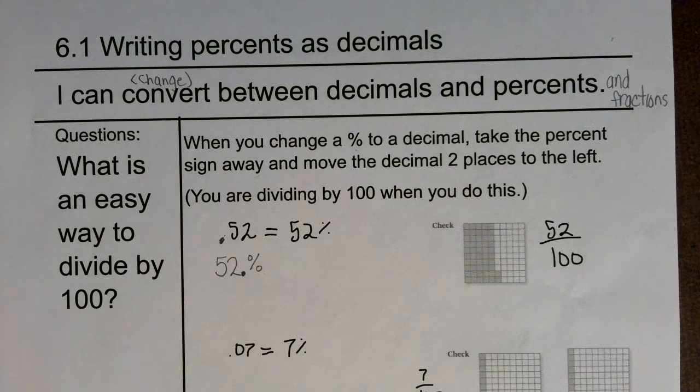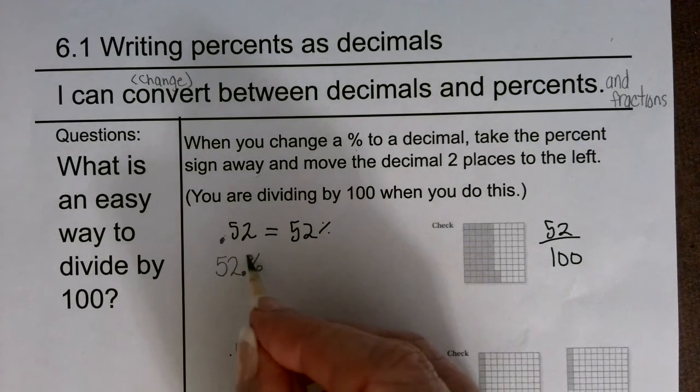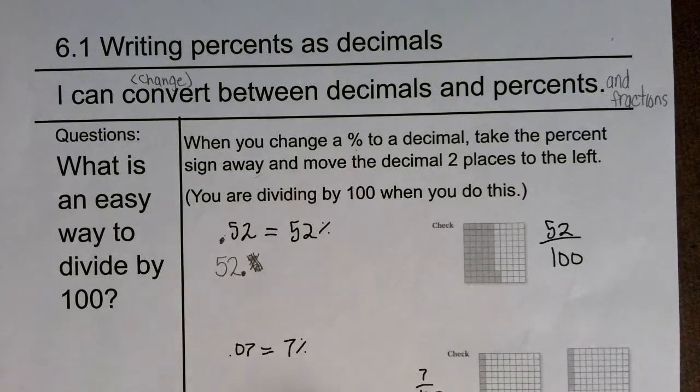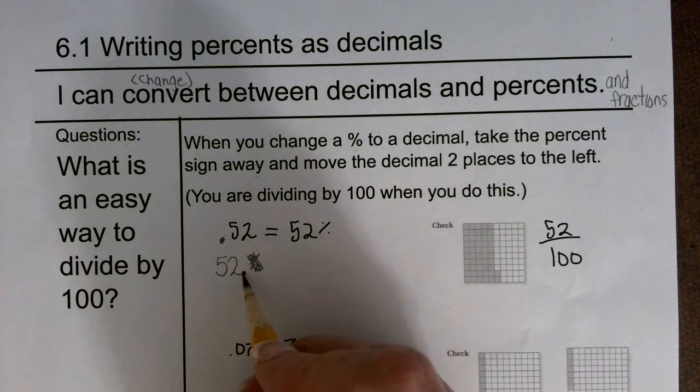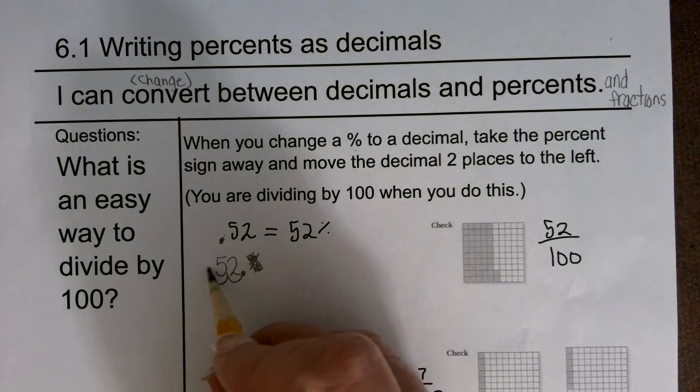When I'm trying to change that 52% to a decimal, I take away that percent sign, and then I move the decimal point 2 places to the left.